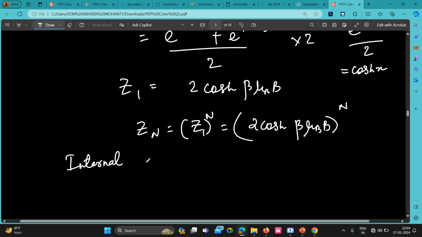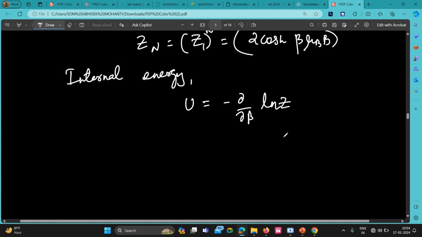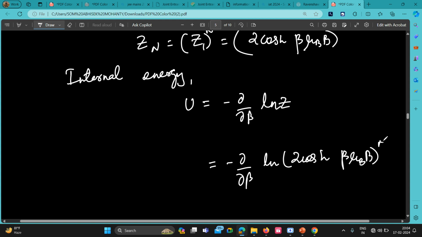Internal energy: it's the same process we are doing again and again, but for different systems. U is minus del by del beta of ln Z. So minus del by del beta of ln of 2 cos hyperbolic beta mu B, to the power N. N is the exponent, so it will come down.